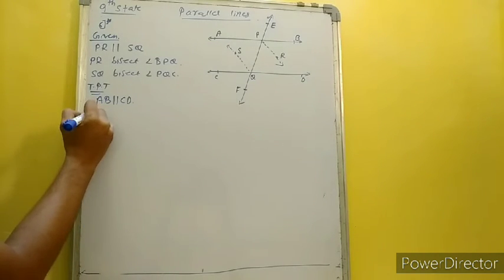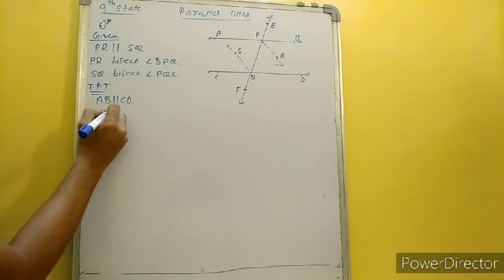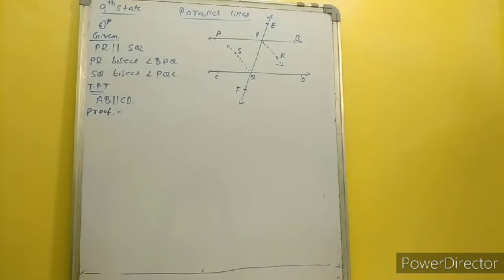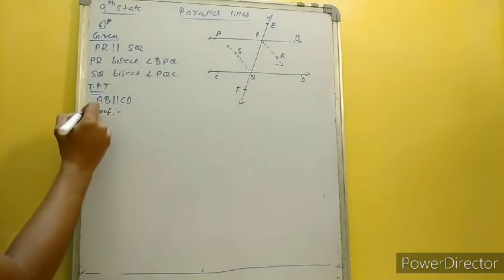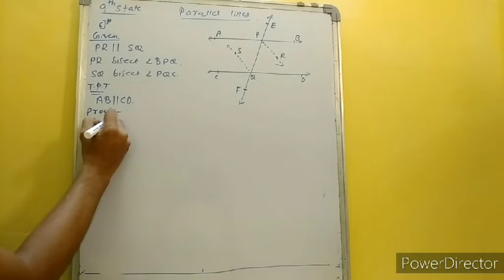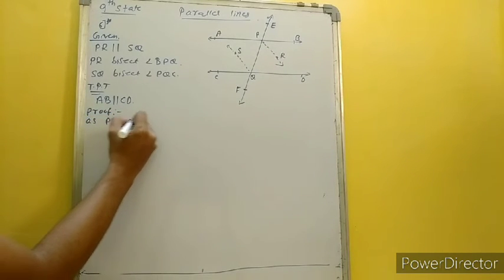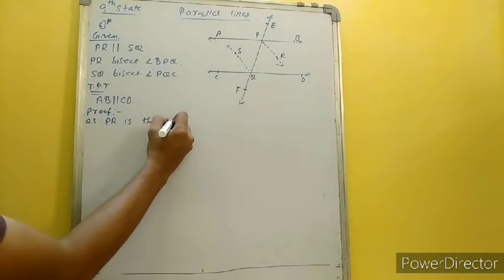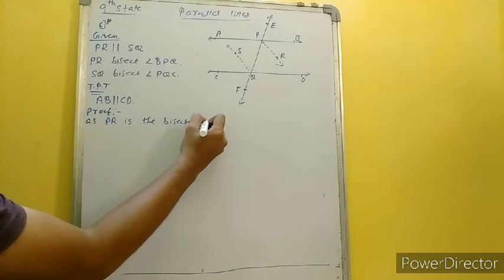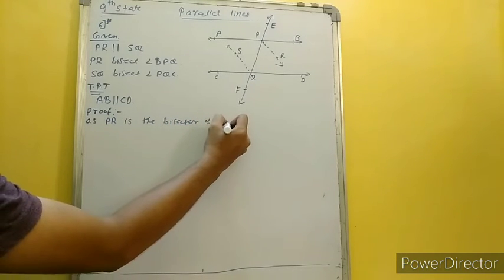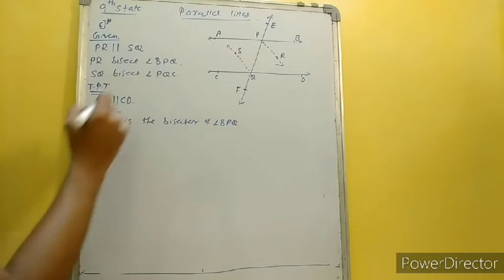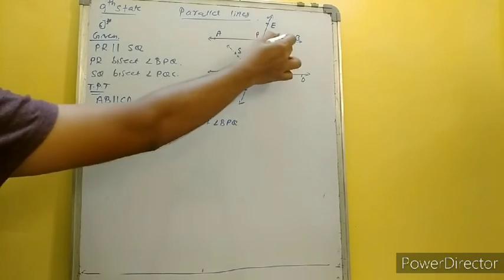Okay, we'll start with the proof. First of all, we will start with the bisector. As PR is the bisector of angle BPQ, two angles are equal, that is BPR and RPQ.